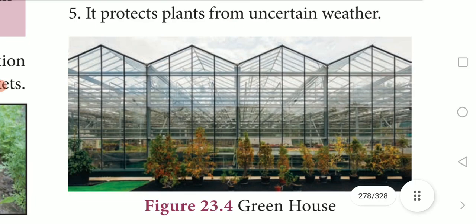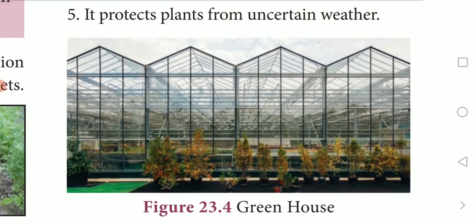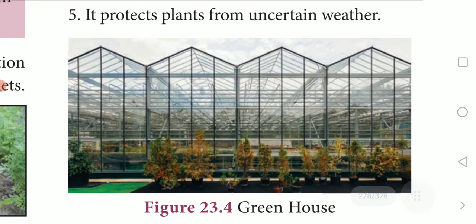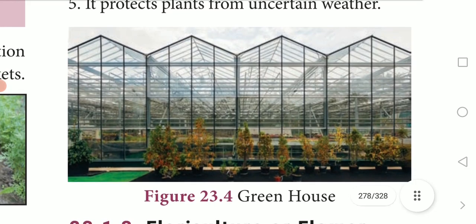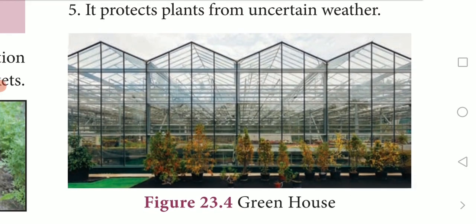It is a framed structure covered with transparent material to grow crops under partially or fully controlled environmental conditions to get optimum growth and productivity. So here, it is transparent materials.